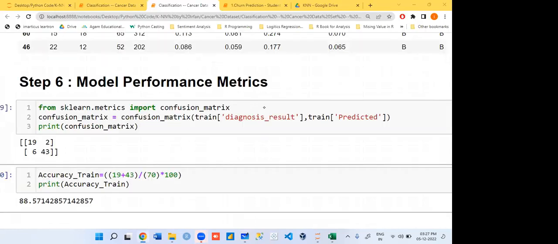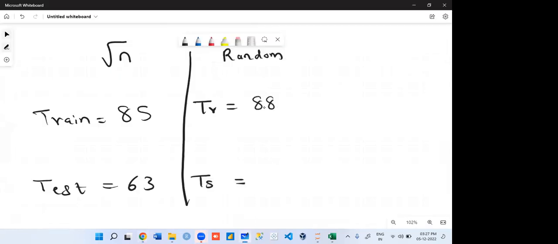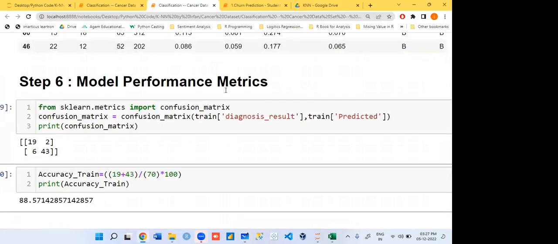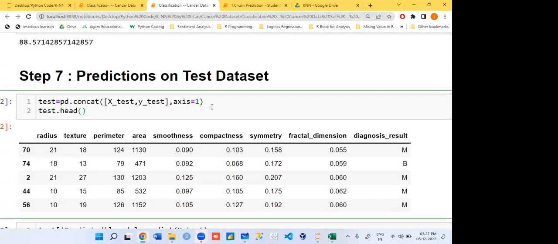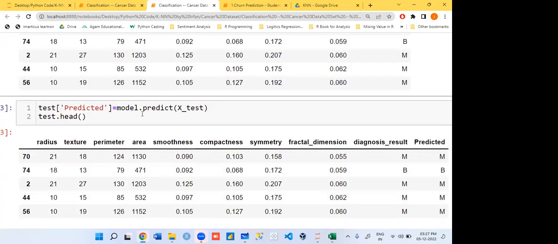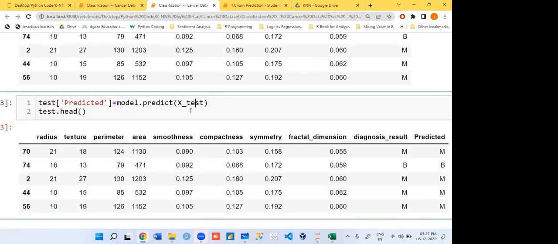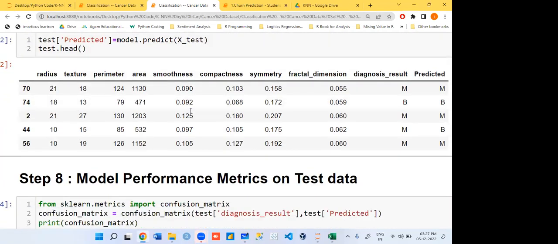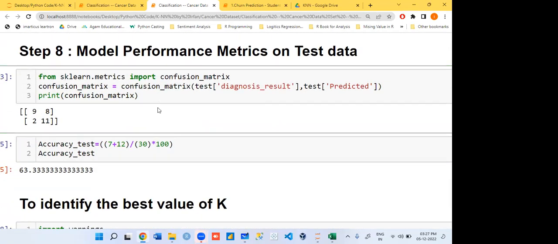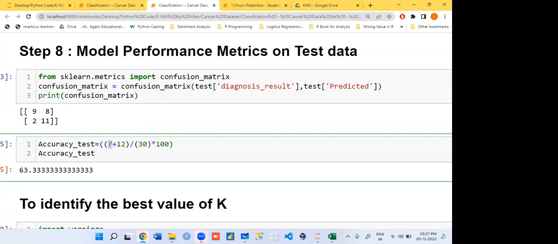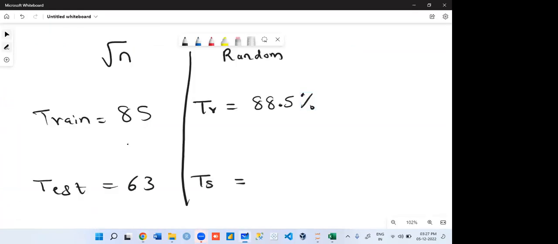Training is how much? 88.5%. Okay. Let's go for test data. Model predict on X test. Then we make the confusion matrix. 9 plus. Good or bad? Better as compared to the previous one.